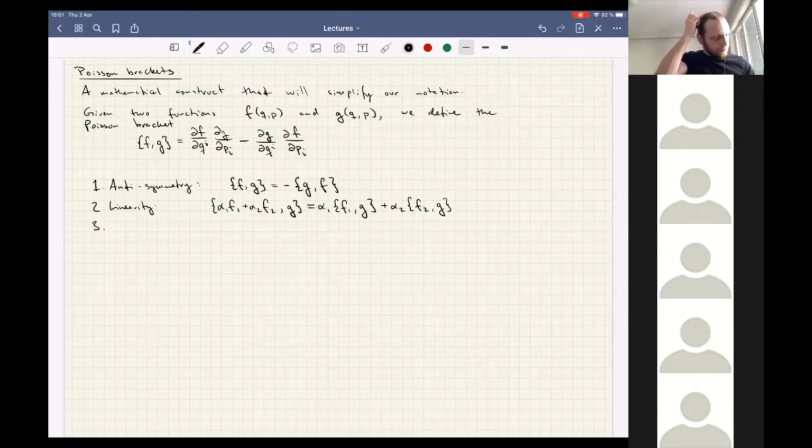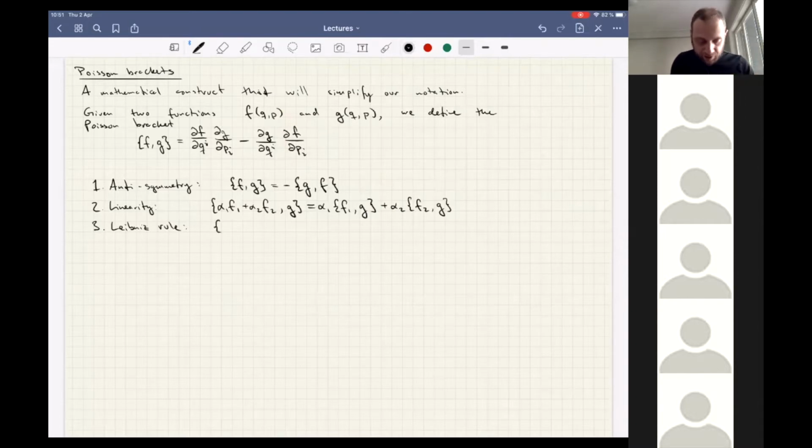So the third property is the Leibniz rule. And this is going to follow from the Leibniz rule for derivatives directly as well.